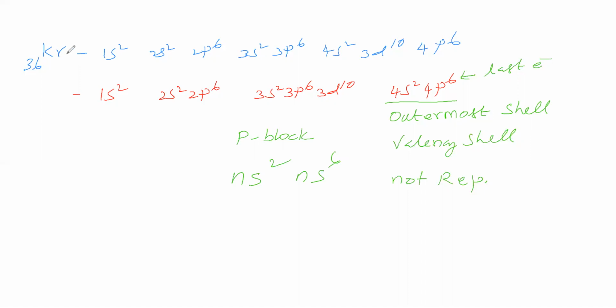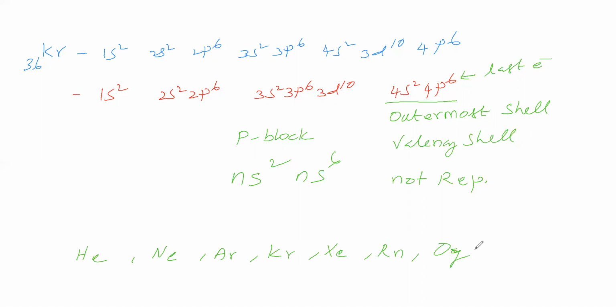So which group does this krypton belong to? The group whose general valence shell configuration is ns2 np6 contains the elements helium, neon, argon, krypton, xenon, radon, and Og.